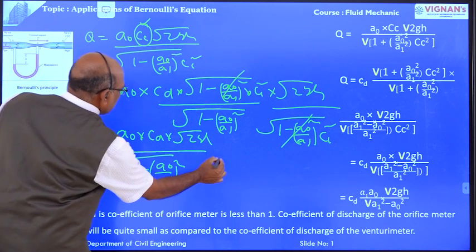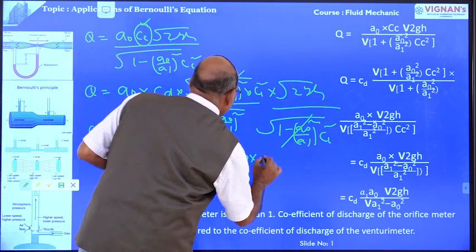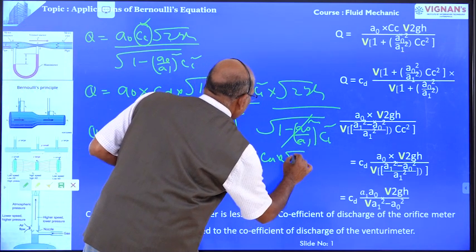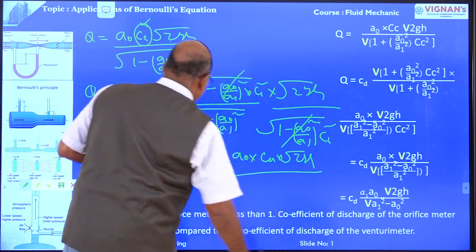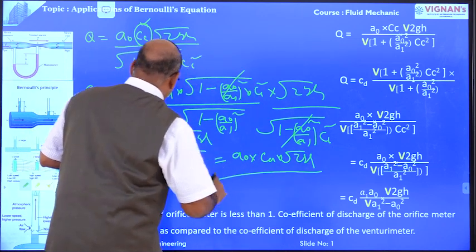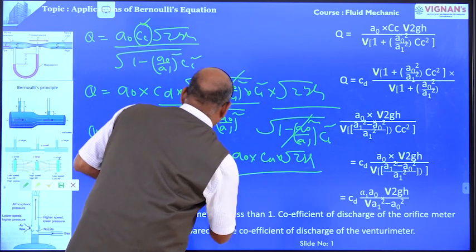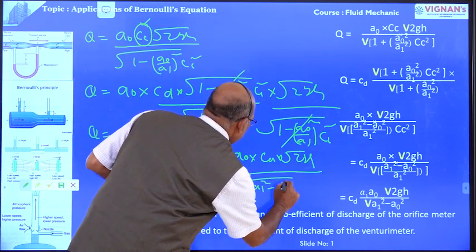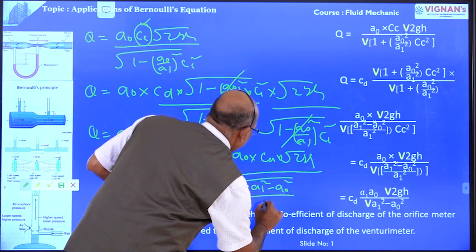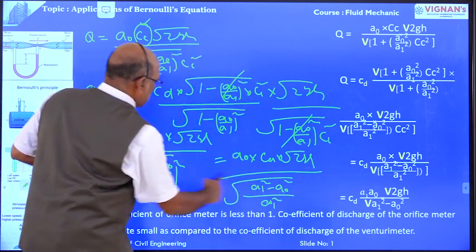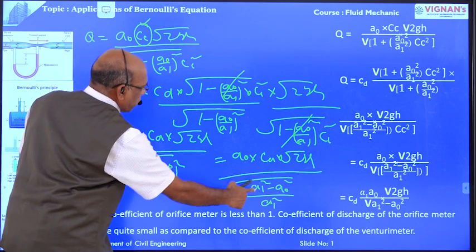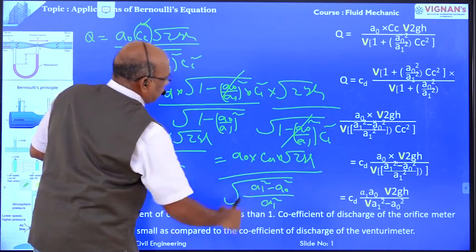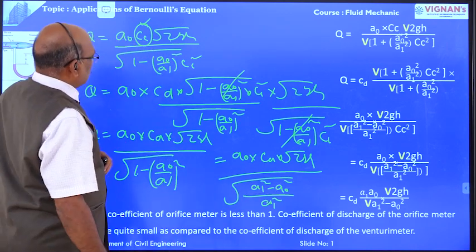This is equal to A0 into CD into root 2gh divided by, and this can be written as, square root of (A1 square minus A0 square) divided by A1 square.